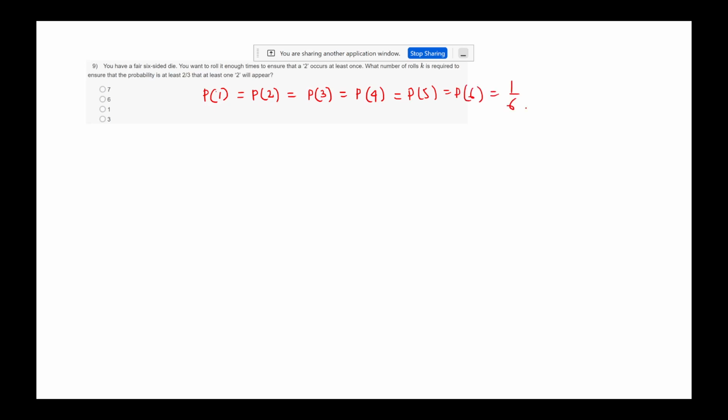Equally probable means fair. You want to roll it enough times to ensure that a 2 occurs at least once. What number of rolls K is required to ensure the probability is at least 2/3 that at least one 2 will appear?